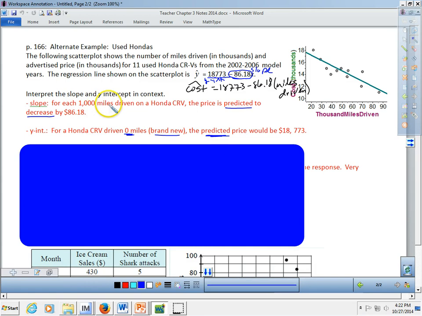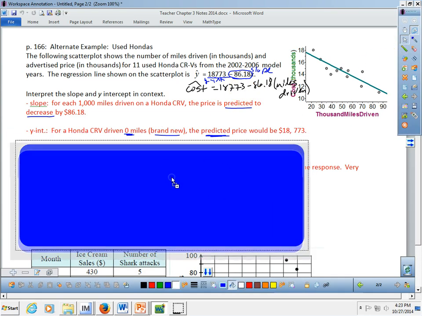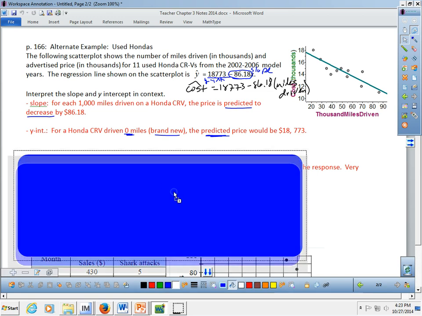For a 1 unit increase in x, right, and this was our x, this is what we would predict our y to do. Either decrease or increase, decrease here because it's negative, and then $86.18 is our context. Our y-intercept, for x to be 0, so for 0 miles, this is what we'd expect the price to be, $18,773. Okay? That's how you would interpret those slopes.